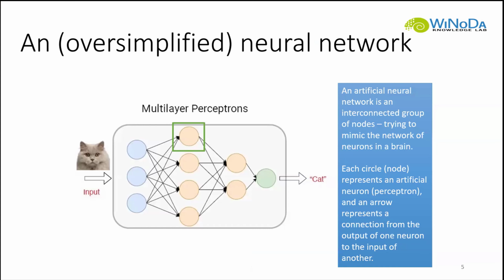So first, a quick reminder or summary from last week. A neural network is the underlying technology of what today is called deep learning. A neural network is some kind of algorithm or method or machinery that can do, for example, classification.